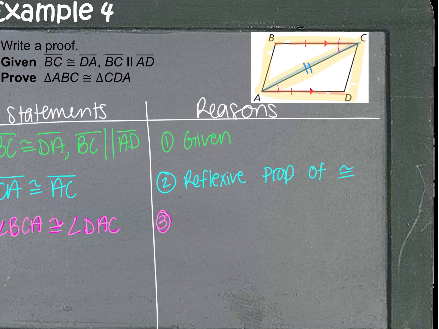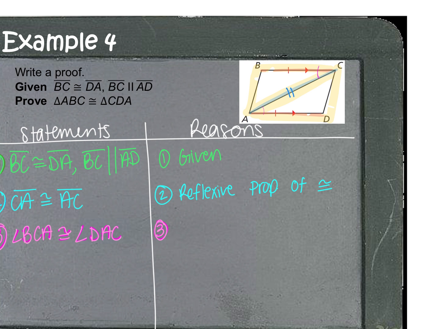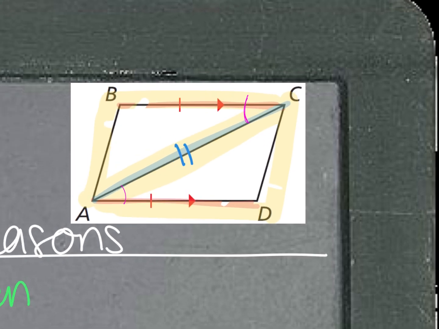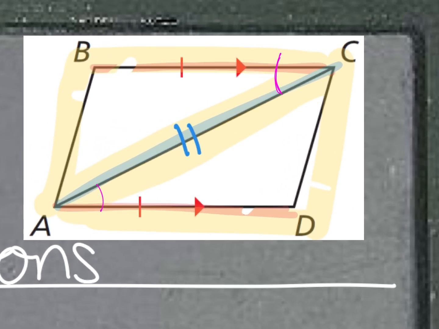How do I know that they're congruent? Yes, Laura? Good. They're alternate interior angles theorem. How do I know they're alternate interior angles theorem? So looking at my diagram, I know I have two parallel lines right here.